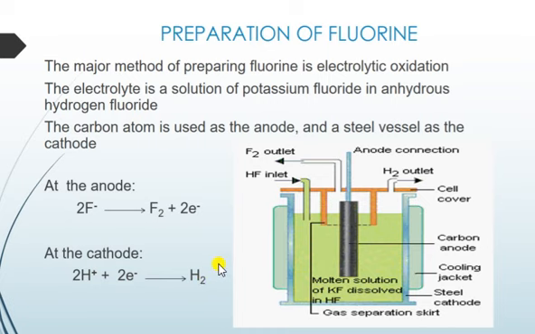It is necessary to keep the two gases formed, that is hydrogen gas and fluorine gas, separated to prevent their explosive recombination to reform hydrogen fluoride. The gas separation skid is used to prevent the two gases formed from recombining to form hydrogen fluoride.